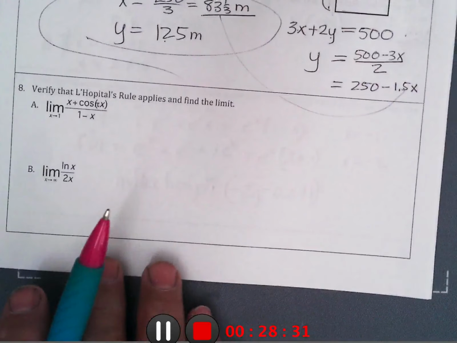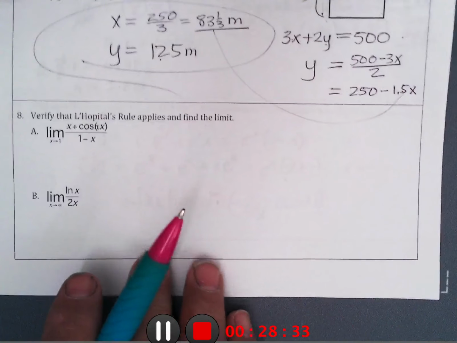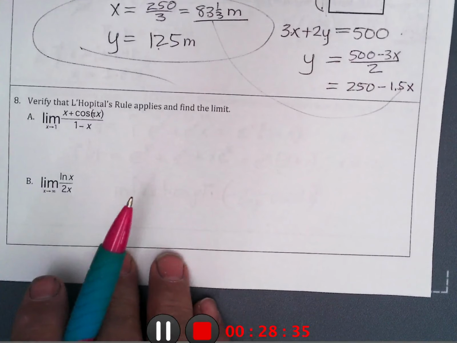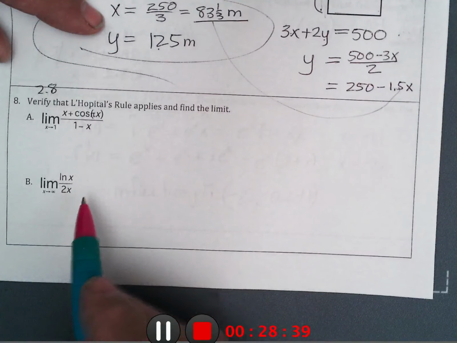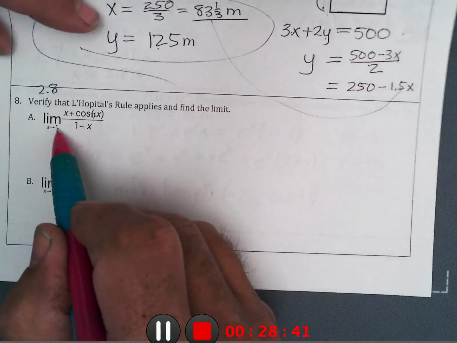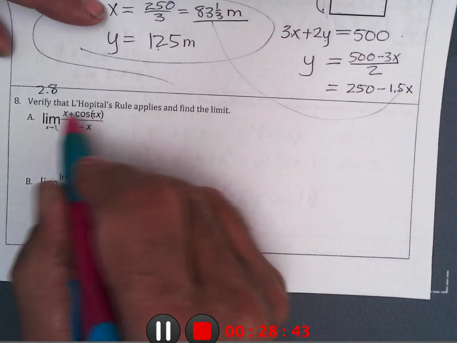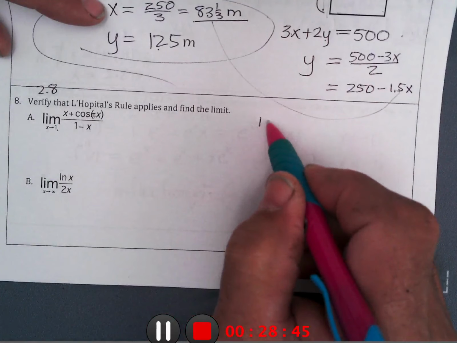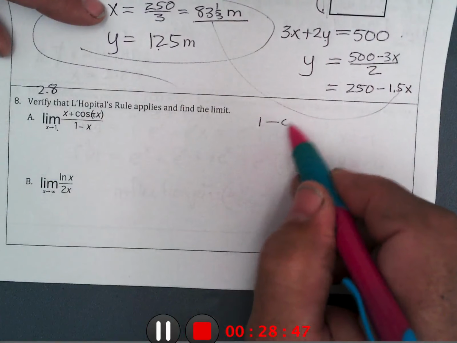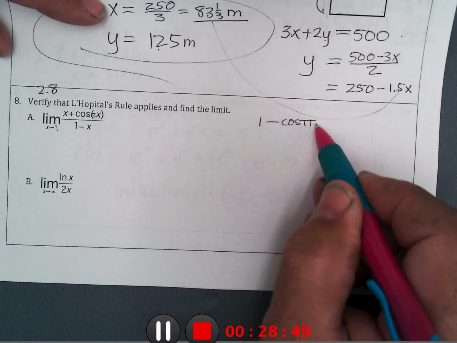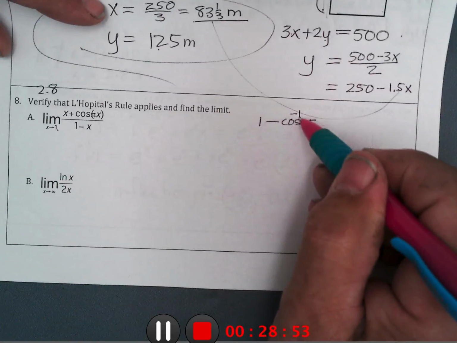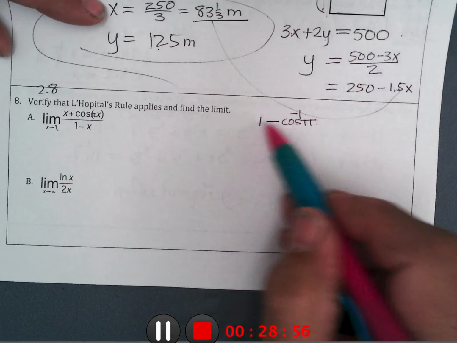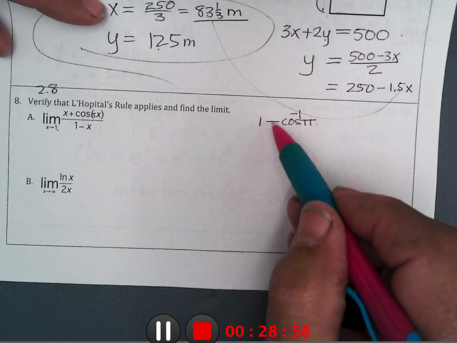All right. We're into L'Hopital's rule, which was in section 2.8. As X goes to 1, let's see, this would be 1 minus cosine of pi times 1, which is pi. Cosine of pi is negative 1. So 1 minus a negative 1 is 2.